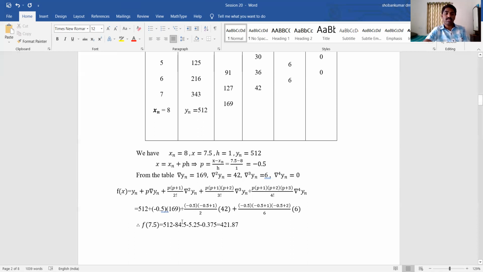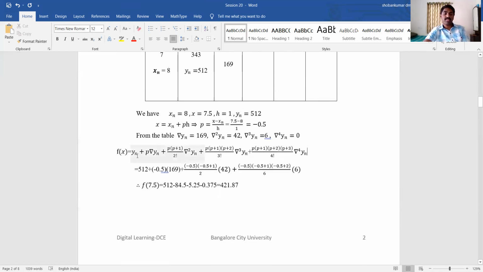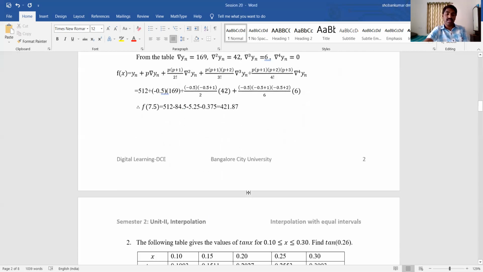Now using the backward interpolation formula, f of x is equal to yn plus p into nabla yn plus p into (p plus 1) by 2 factorial nabla square yn plus and so on. Here we know all the values from the table and from the given data. Substitute in the formula and simplify, we get f of 7.5 is equal to 421.87.